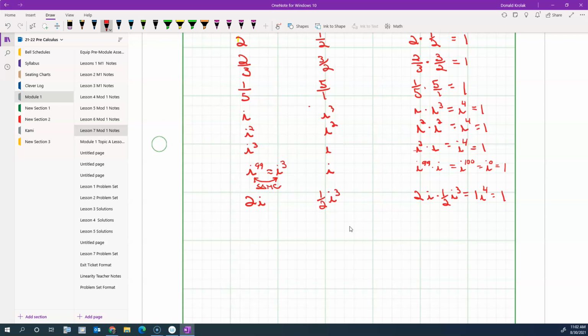Okay. Now, i to the third, guys, remember, i to the third is the exact same thing as negative i. Do you understand why this is?